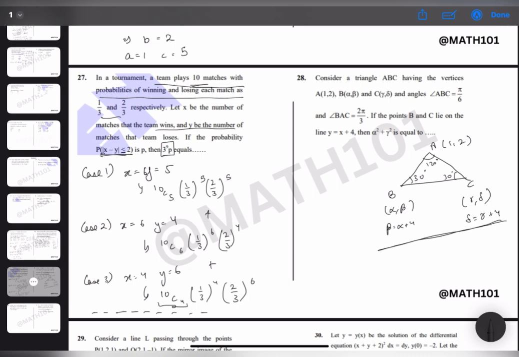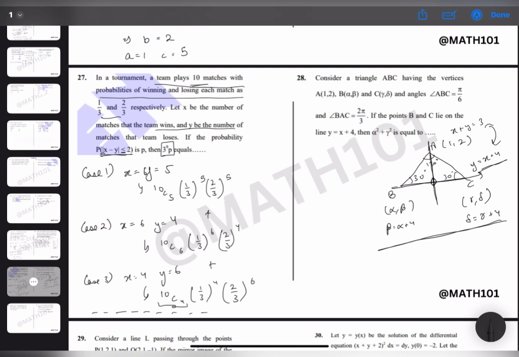So as this triangle is isosceles, we know that the perpendicular dropped here would give us this midpoint. We know the equation of this line is y equals to x plus 4. So this line would have a slope of -1, because this line has slope of 1, so perpendicular would have a slope of -1. The line of slope of -1 passing through 1, 2 is x plus y equals to 3.